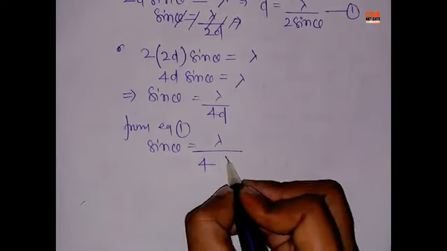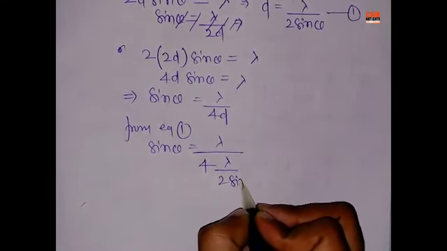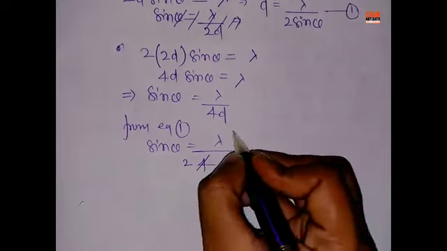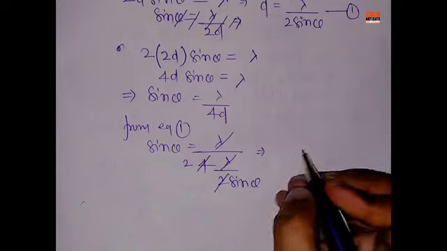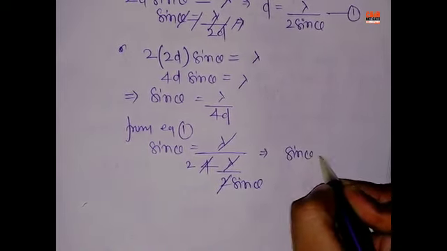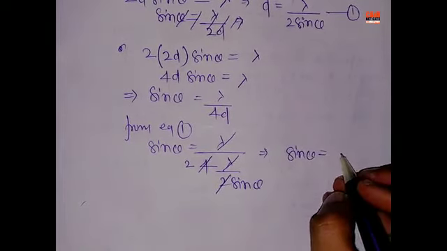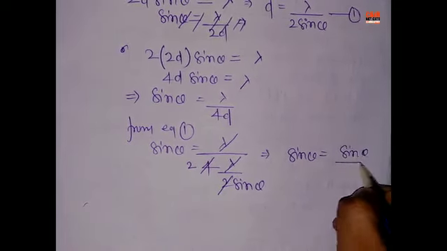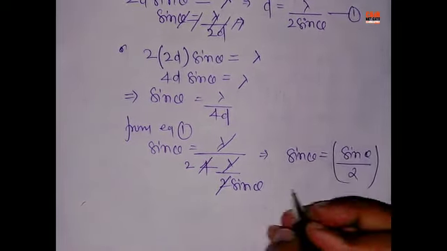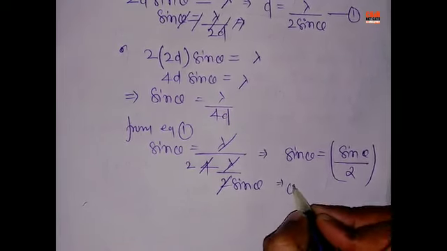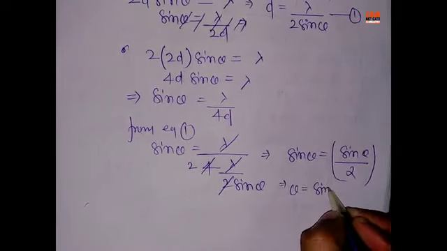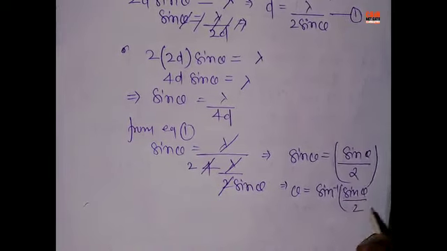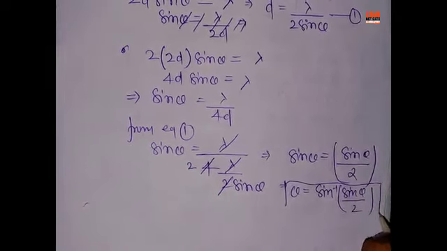So write this lambda upon 2 sine theta in place of d, and this lambda cancels out. That means we have sine theta equals, this is sine theta divided by 2. That means theta equals sine inverse of sine theta by 2. So this is the required relation.